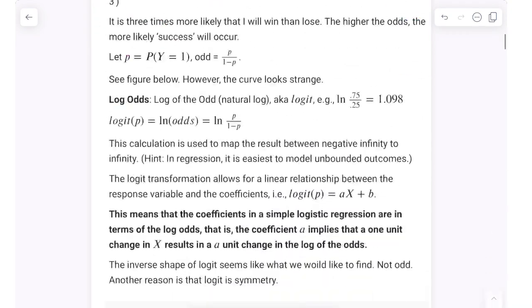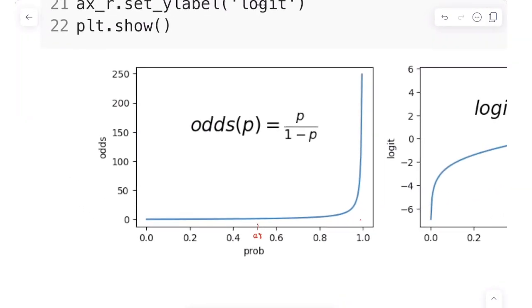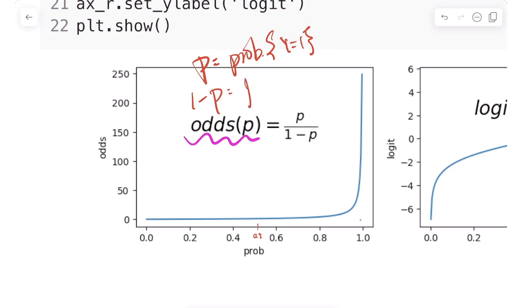So let's take a look at this figure. Because you either win or lose, P is the probability of win, so 1 minus P is the probability of lose. So we have these two equations.